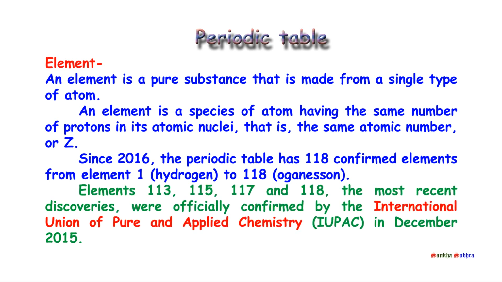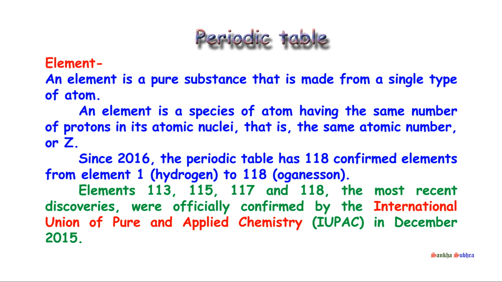Elements 113, 115, 117 and 118 are the most recent discoveries, and they have been confirmed by the IUPAC. Do remember that the atomic number, or the number of protons of a certain element, is the most important and significant data to express the concept of an element.